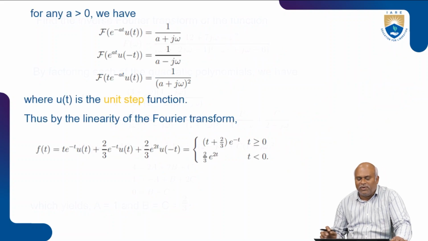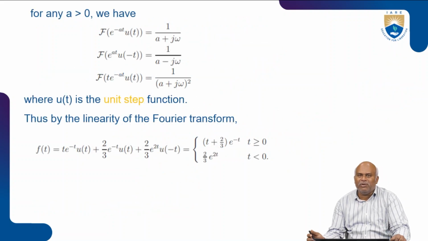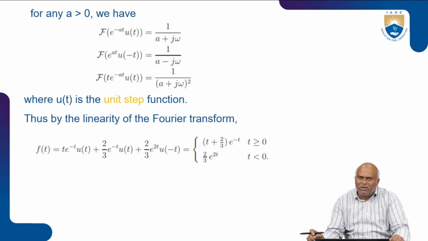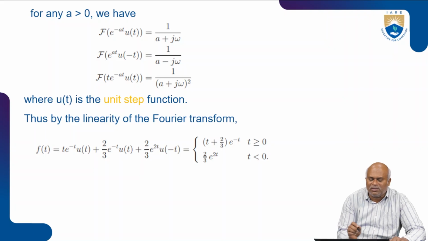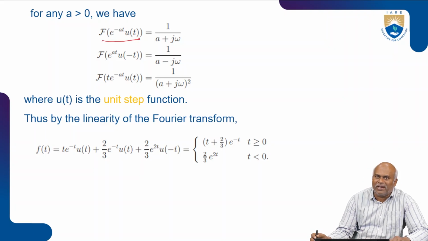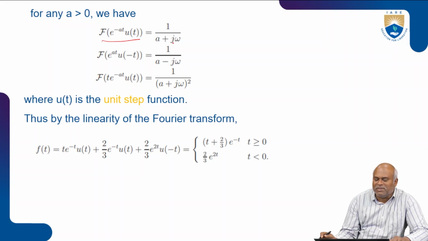So we should go for the Fourier transform condition that will satisfy the single direction exponential condition. That's why I take this formula: the Fourier transform of e^(-at)u(t) is 1/(1+jω).